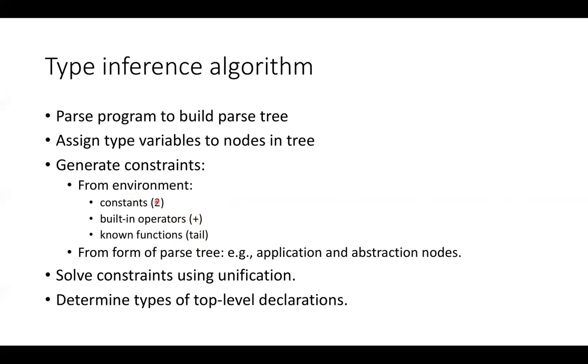And there are going to be things like constants. We'll get all of these from the environment, but we'll also just know some things because of the form of the parse tree. So function application will tell us something about variables that are coming in and variables that are going out. This gives us this whole bag of constraints. And then given those constraints, we have to actually finalize all of our type assignments. And to do that, we use a unification algorithm.